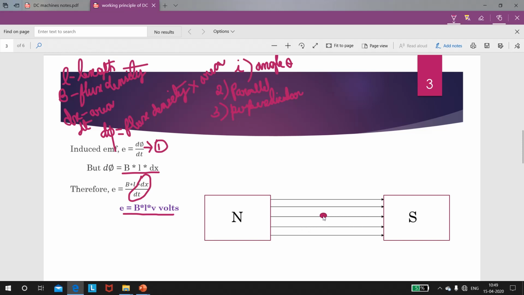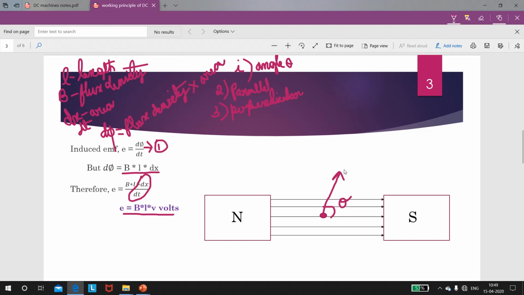So let me consider that it is moving at an angle theta. Now this conductor is moving at an angle theta with respect to these magnetic lines of force.